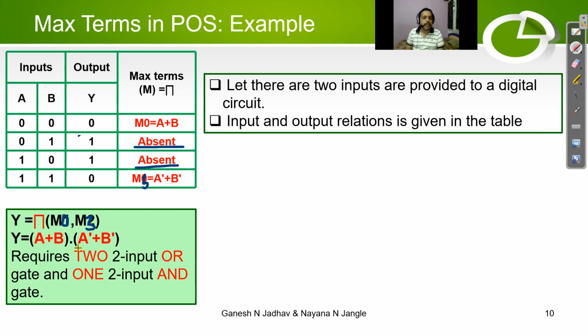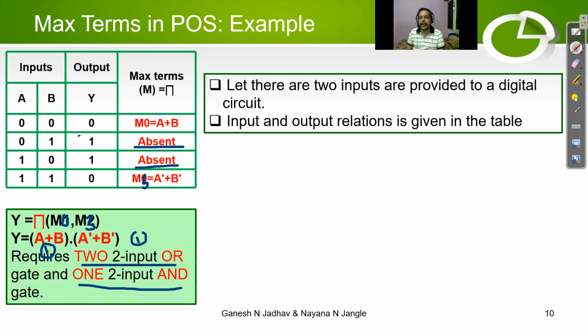That is A plus B into A dash plus B dash. M0 and M3 terms are present. To implement this, we require one OR gate for this, one OR gate for this, and for each we require two inputs. And these both outputs are ANDed together. This means I require one two-input AND gate and two OR gates with two inputs.